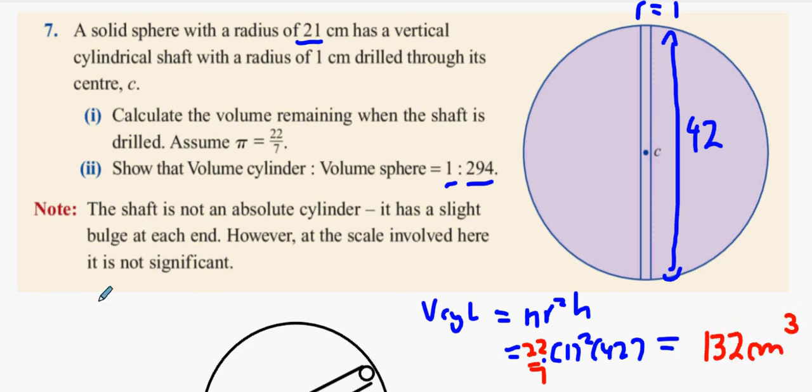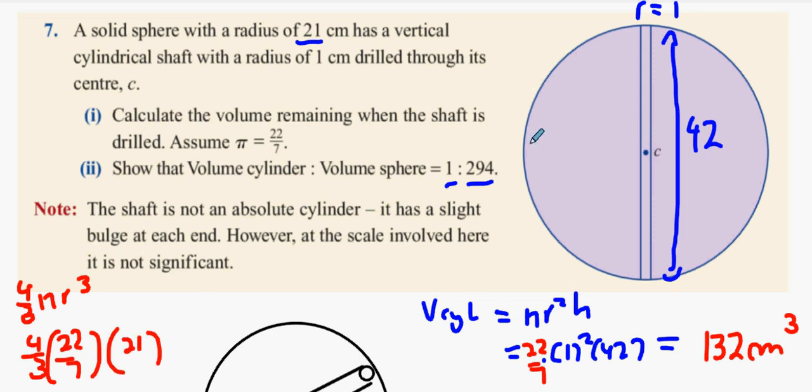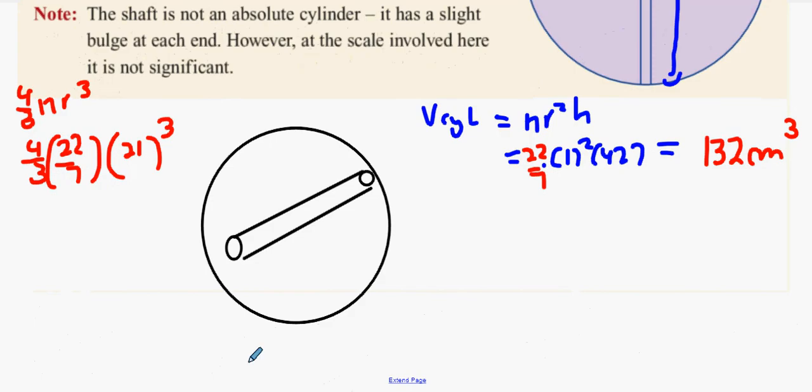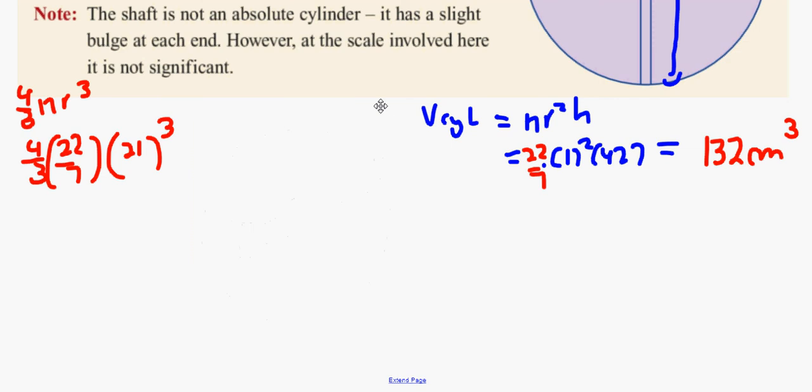Right. Now the sphere is 4 over 3 pi r cubed, which is 4 over 3 times 22 over 7 times 21 cubed. Because remember, it's the radius of 21 for the sphere. And when you do that, what do you get? 38,808.